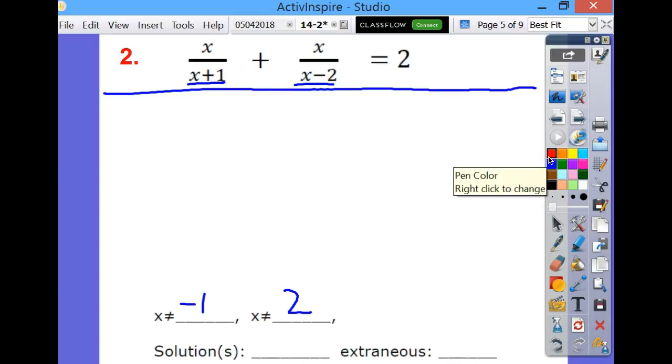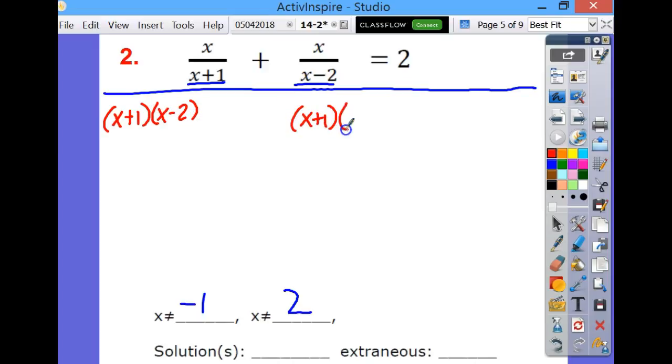Next, we're going to multiply all the terms by the LCD. What's the LCD here? Why am I writing it down 3 times?